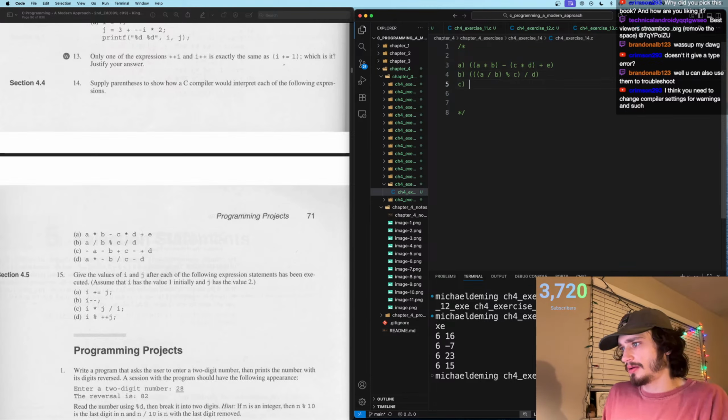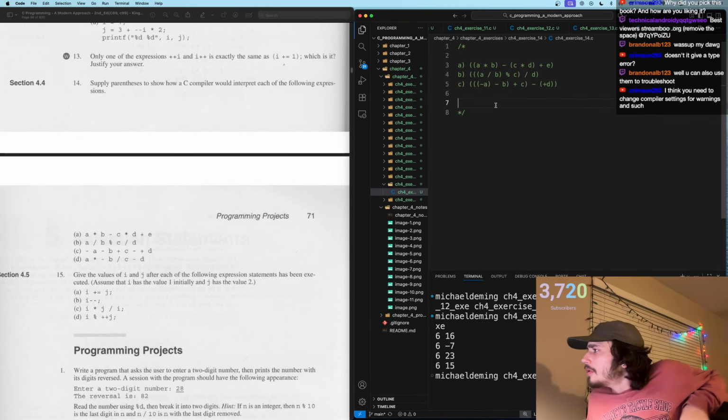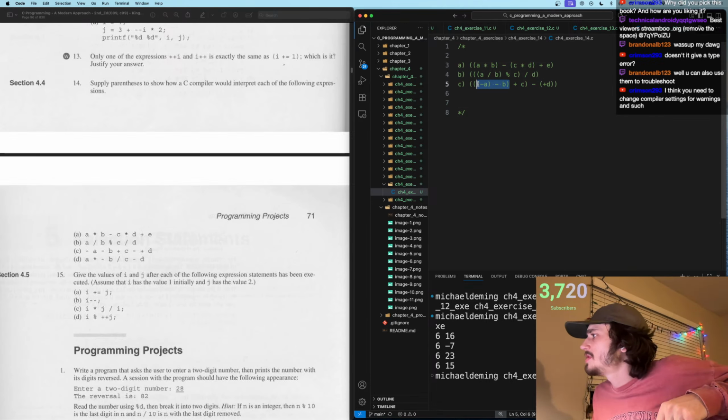C would be negative A minus B plus C minus plus D. So it'd be A in its own parentheses minus B, right?